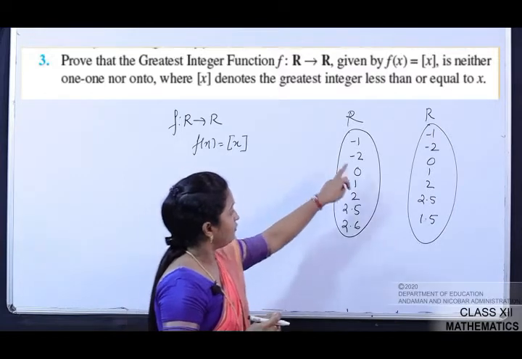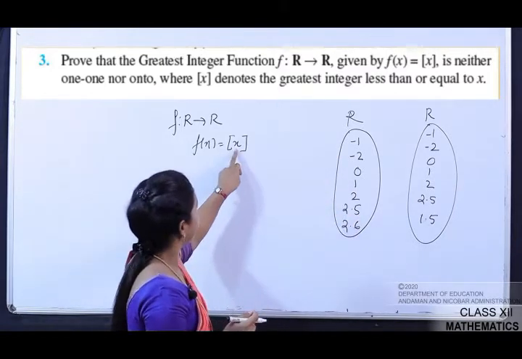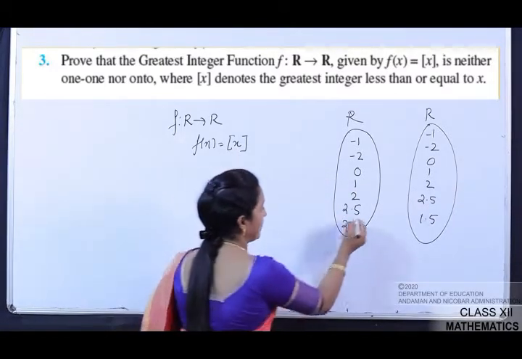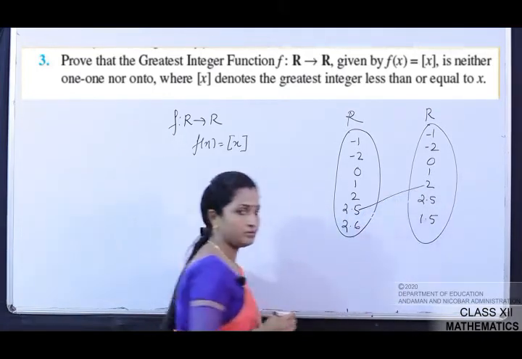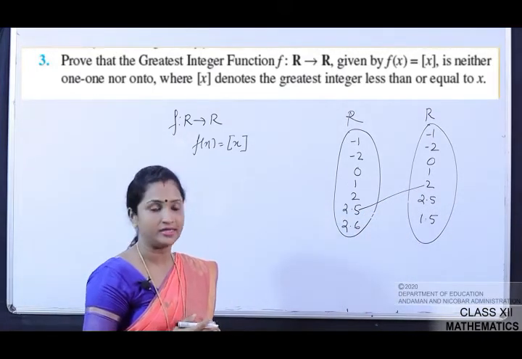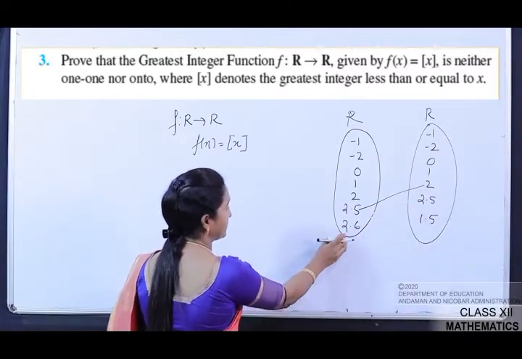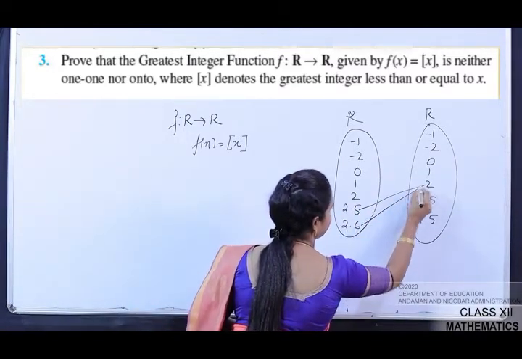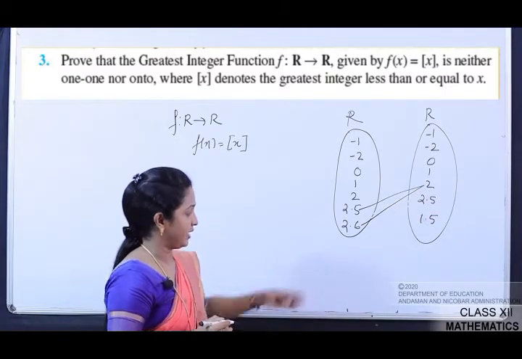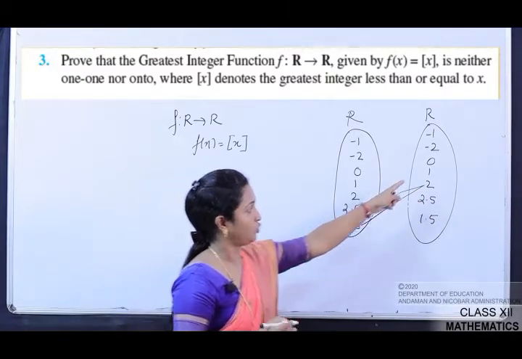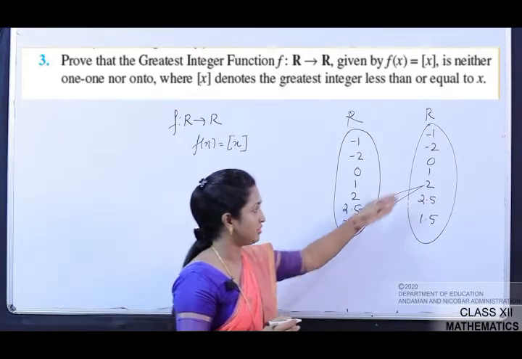Now when you take 2.5 greatest integer, what will be the answer? 2, because we want only integer. Okay. So 2.5 means 2. What about 2.6? Again 2. अगर यहाँ पे 1.5 होता तो 1 होता. 1.6 means 1.